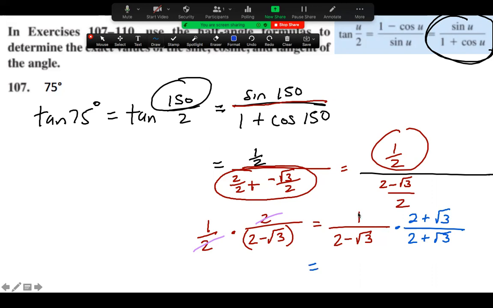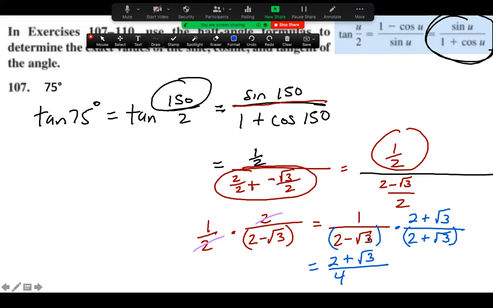So now I have 1 times 2 plus √3, which is still 2 plus the square root of 3, over, when you multiply by conjugates, it's like FOIL. So you have first times first, 2 times 2 is 4. Now note that the outside and the inside will cancel because I'd have 2 times √3 and then 2 times negative √3.